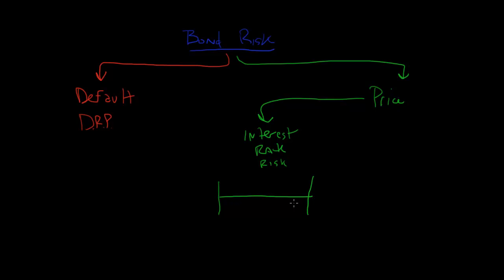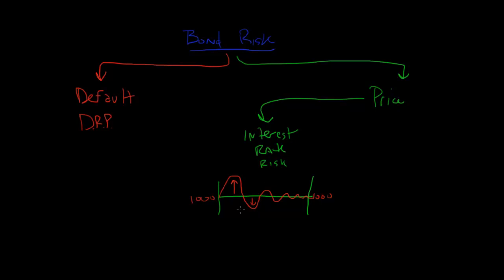So we'll pretend like this line right here in the middle is $1,000, the par value of this particular bond, and we notice that this bond will change in price. It's a premium, it's a discount bond, premium discount. Now these shifts from the $1,000 par value are referred to as the price risk, and they're changing due to the interest rates changing. That's why they call it interest rate risk.